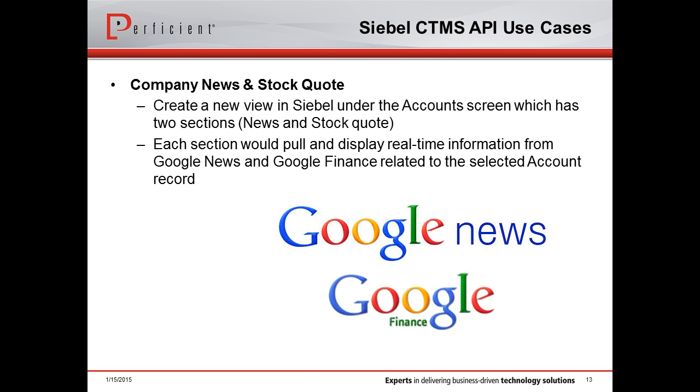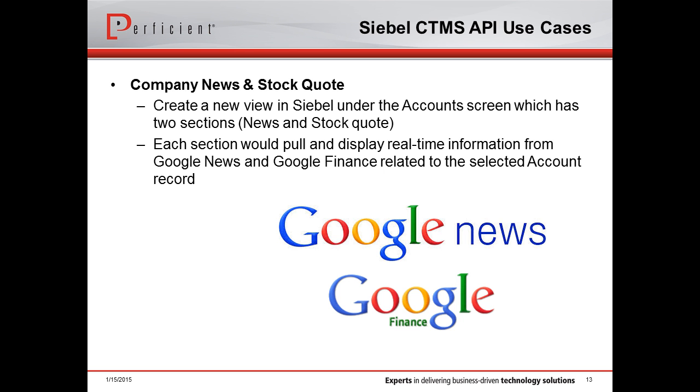Similar to the Twitter example, Google offers several APIs that can be used in external web applications. It would be beneficial to see the latest news related to an account you're working with. So again, looking at the account example, the hospitals, the sites, the CROs, the different organizations that you interact with, it would be useful to see some of the latest news related to those accounts and sites in your CTMS application.